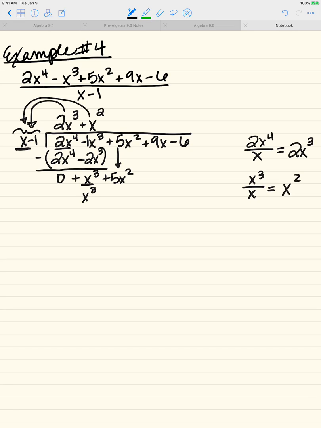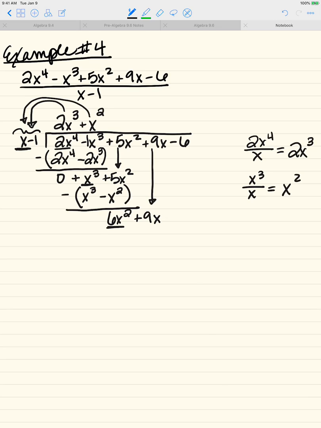X squared times negative 1, negative x squared. Subtract all of that. X cubed minus x cubed is 0. 5x squared minus a minus x squared. So that's 5x squared plus x squared gives us 6x squared. Bring down your next term, 9x.